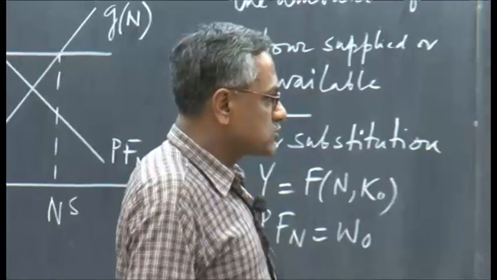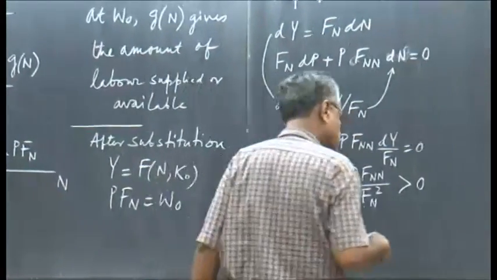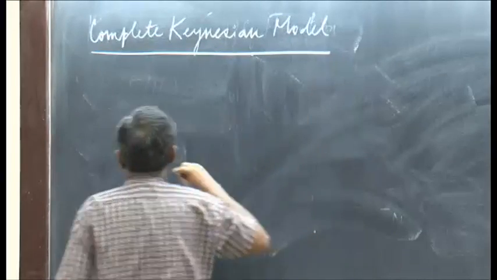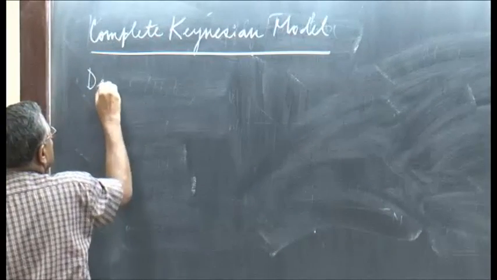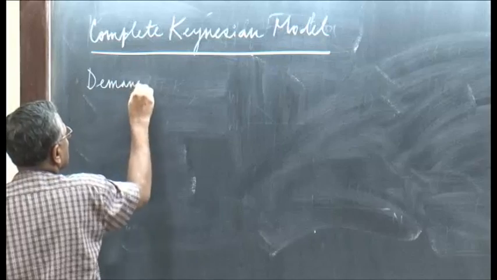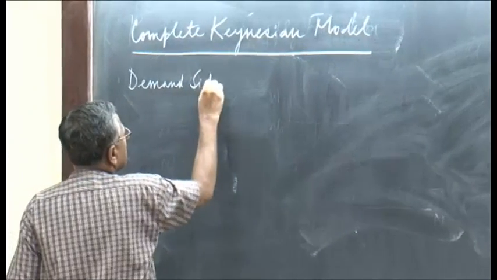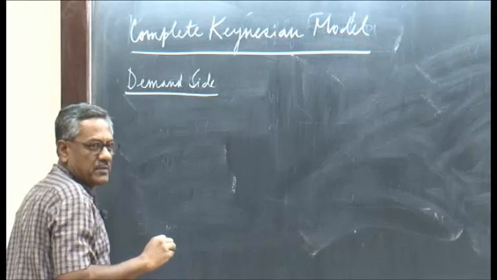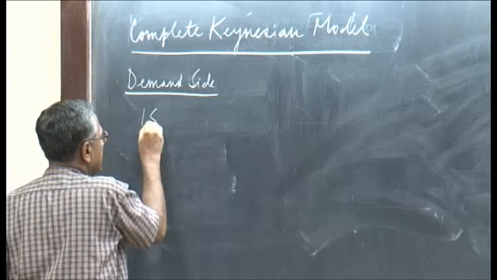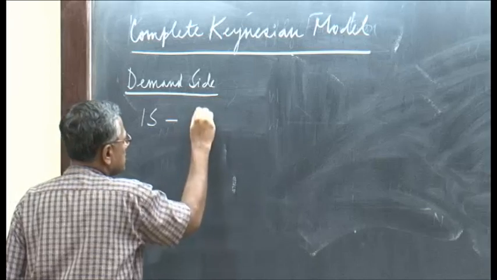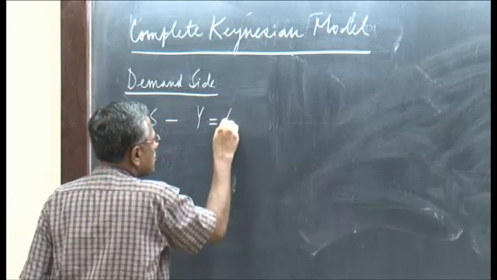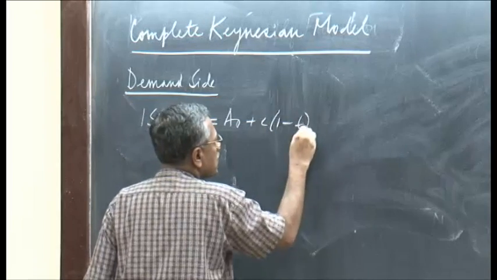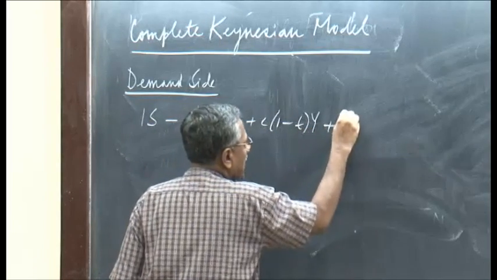Okay. Now, let us go over to something else, the complete Keynesian model. The demand side, if you recall, has the IS and LM equations. So, you have the IS equation, which is Y is equal to A naught plus C into (1 minus T)Y plus Ir.